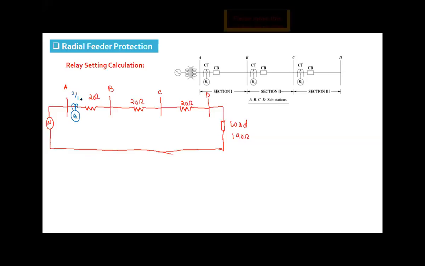R1 CT ratio is 2/1, R2 2/1, R3 is also having a CT with ratio of 2/1, and there are fault switches S1, S2, S3.